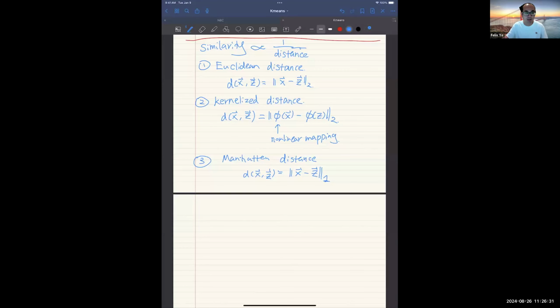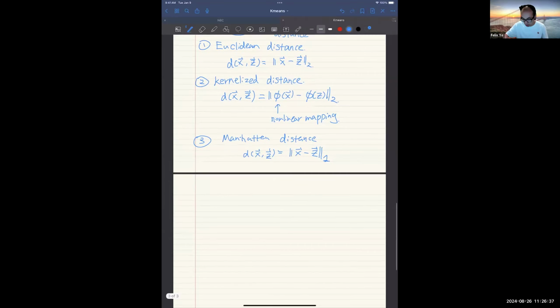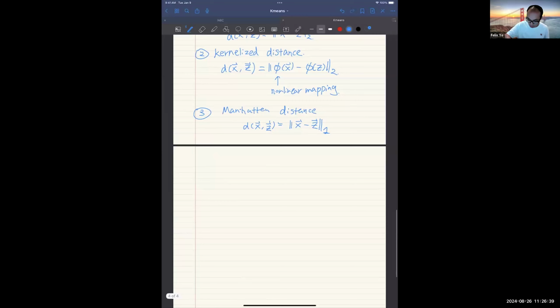Okay. All right, so no matter how you do it, each algorithm has 2 parts. So the first part is you need to define some objective functions.